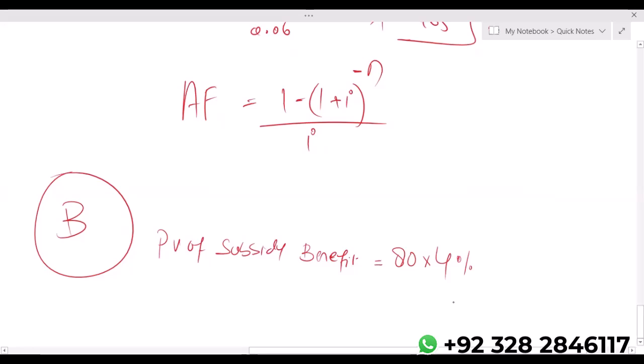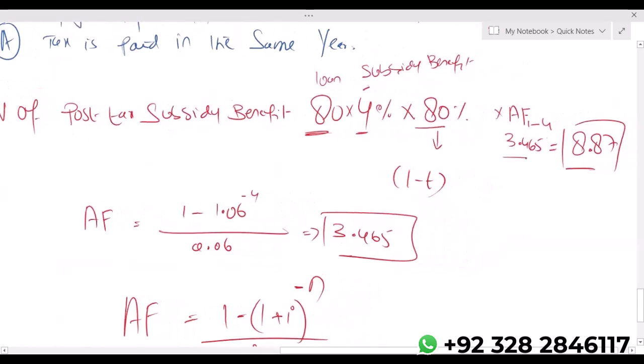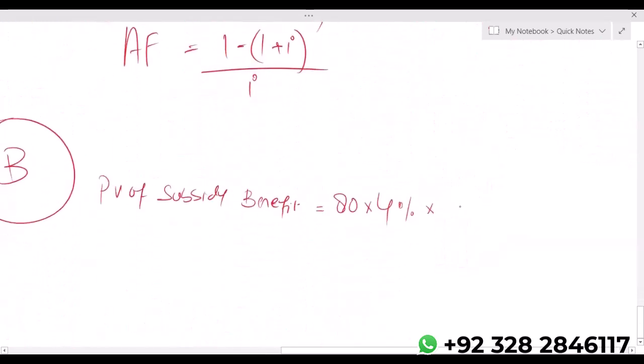So present value of subsidy benefit is loan into subsidy benefit percentage into annuity factor, which we have calculated, 3.465. Calculator. Let's see. I'm getting 11.088.